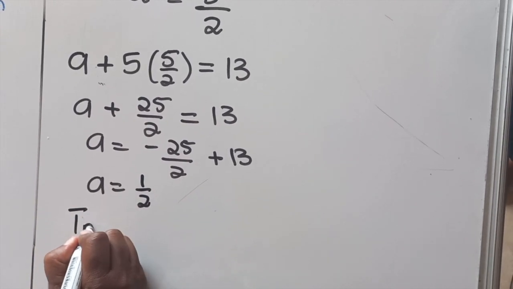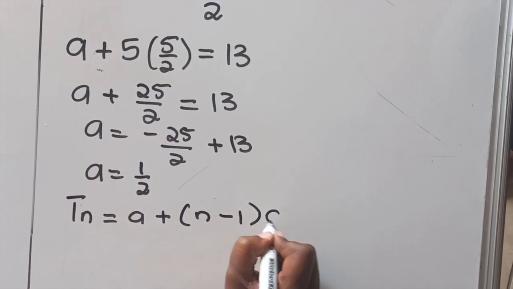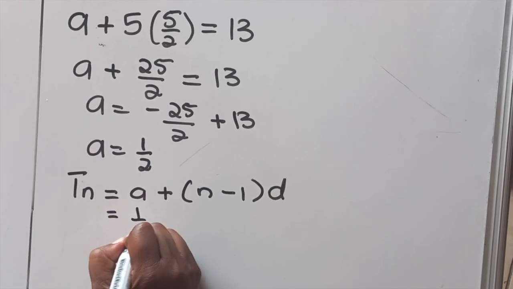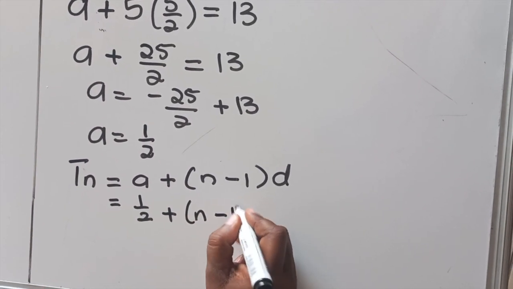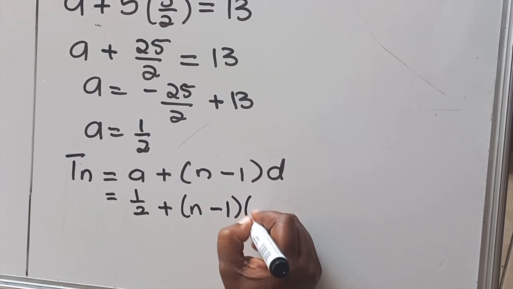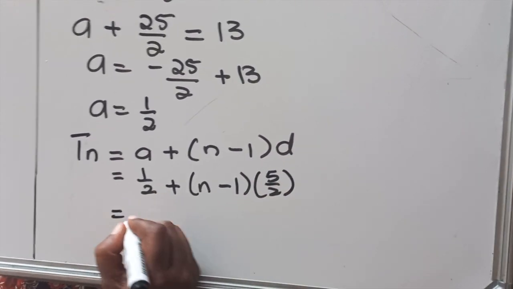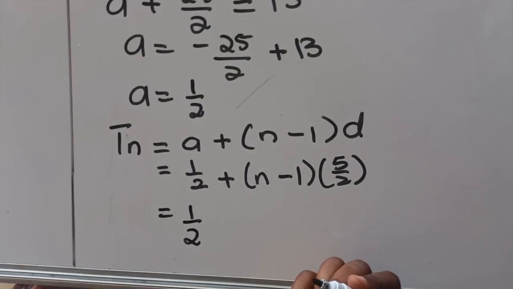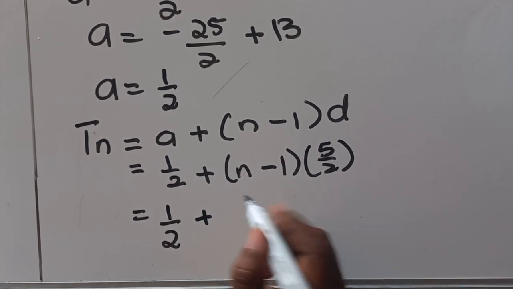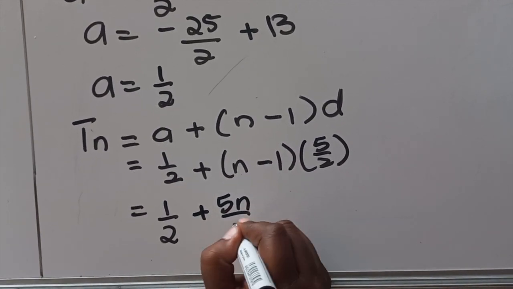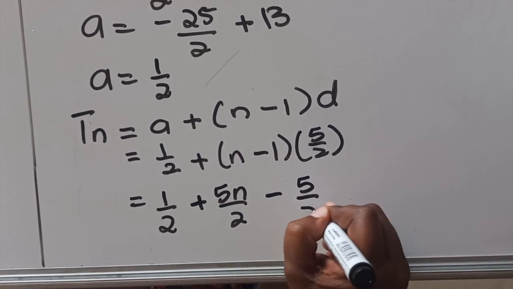Then your formula Tn is equal to A, straight from the formula sheet. Your A is 1 over 2 plus n minus 1. My D, bracket, don't forget the bracket, 5 over 2. Then you multiply: 1 over 2 plus 5n over 2 minus 5 over 2.